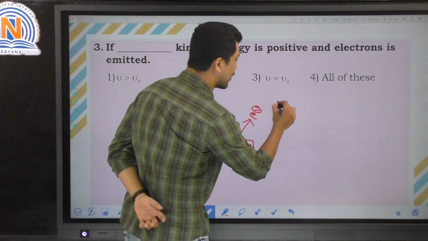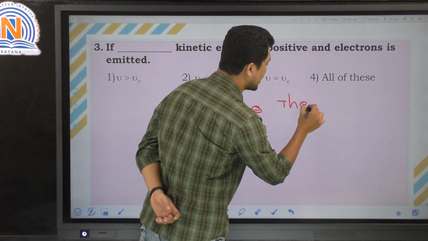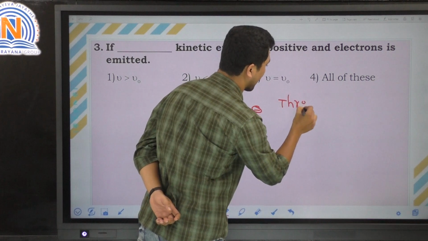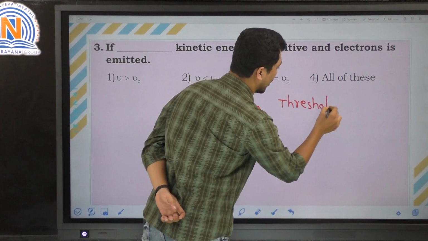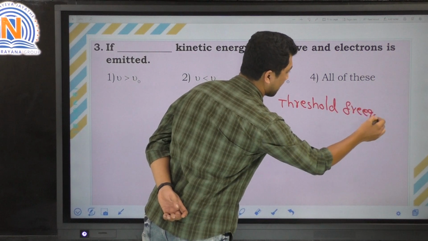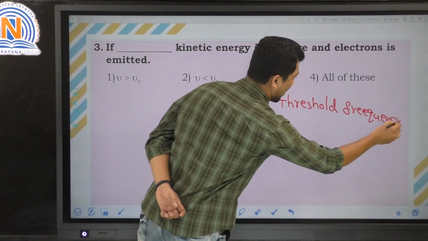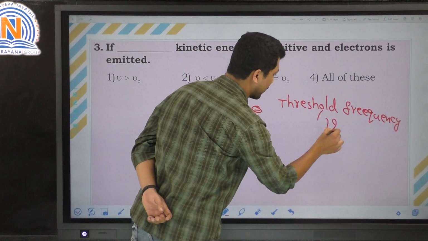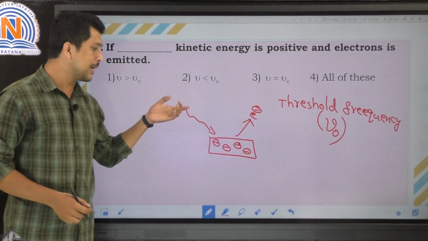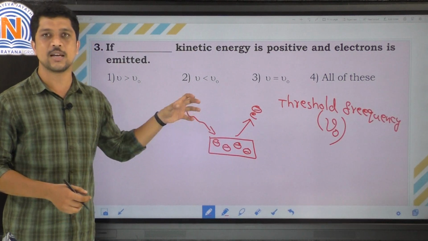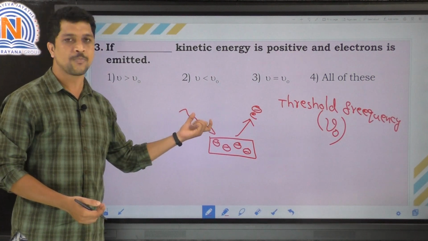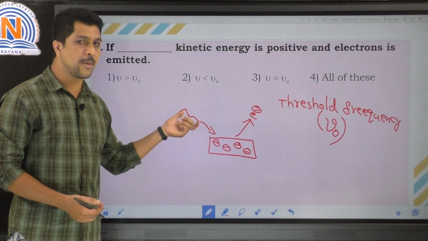The threshold frequency varies from metal to metal. It is indicated with nu 0. This is the minimum frequency at which, whenever a beam strikes the metal surface, the electron will eject from the metal surface. So this is the minimum frequency of a beam of light.